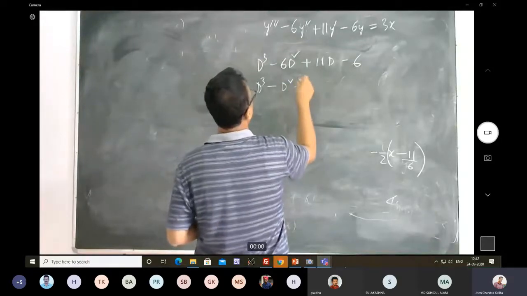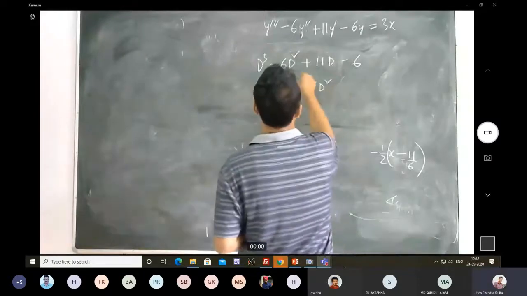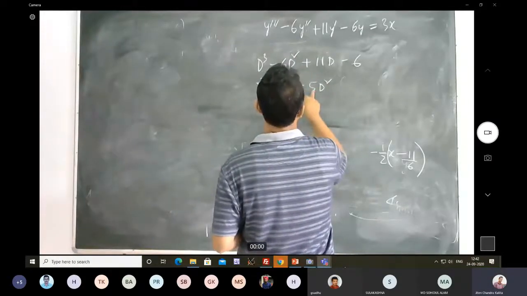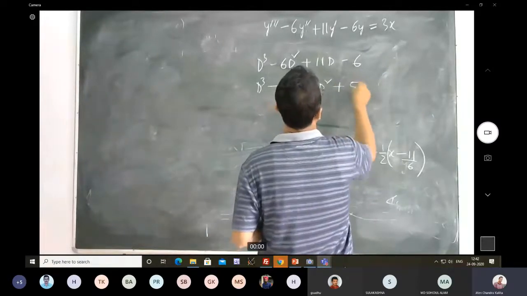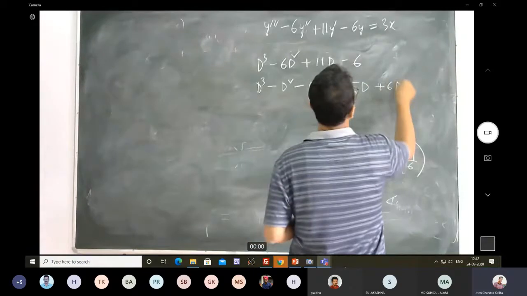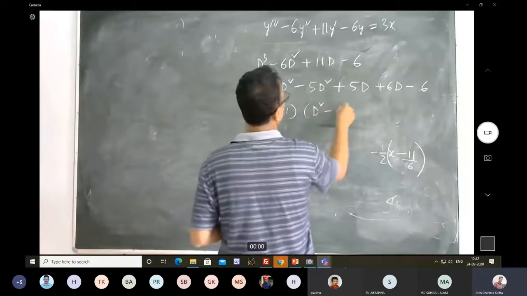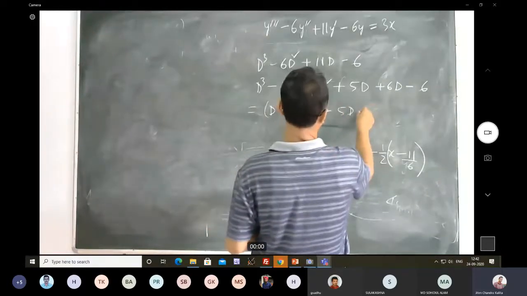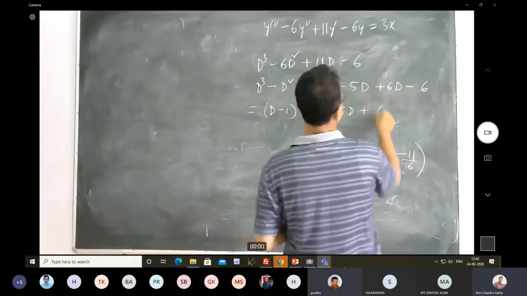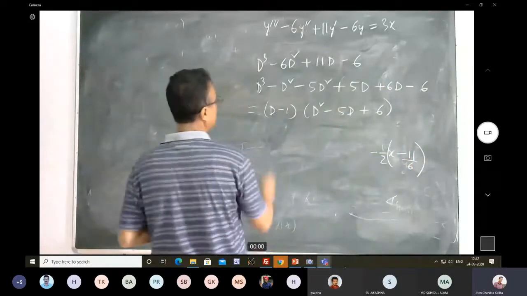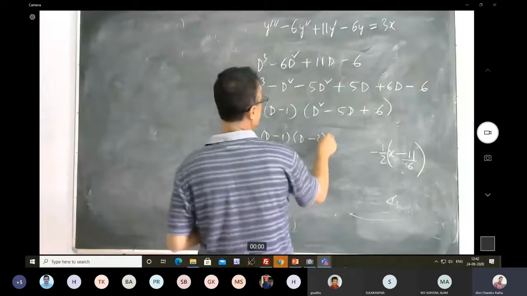D cubed minus 5D squared, plus 5D squared... minus 6D squared plus 11D minus 6, plus 6D minus 6. So D minus 1 times D squared minus 5D plus 6. Okay, so D minus 1, D minus 2, D minus 3, right?